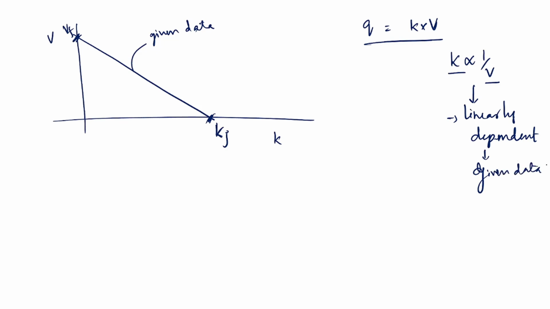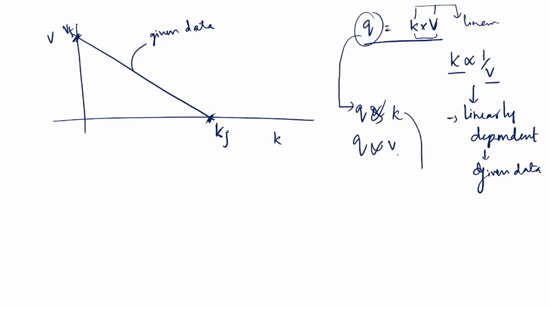When two parameters are linearly dependent, and any parameter is dependent on both of them, then Q and K, and Q and V, are parabolic functions.